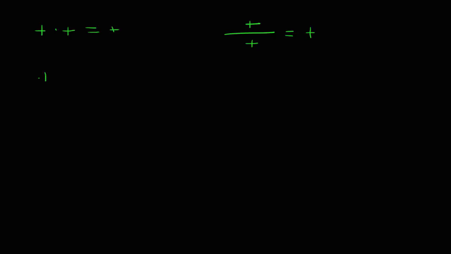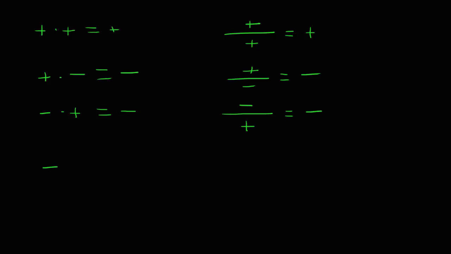When we had a positive times a negative, the signs are different, so the result of my multiplication is negative. If I have a positive divided by a negative, that was also negative. If I have a negative times a positive, that's negative. If I have a negative divided by a positive, that's also a negative.